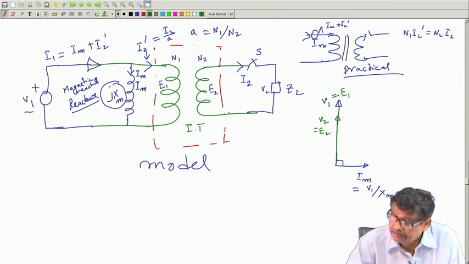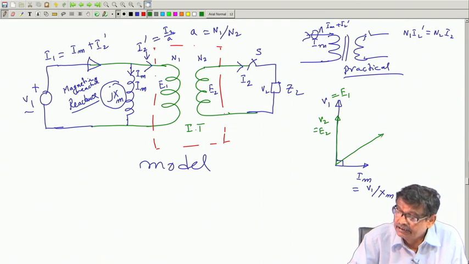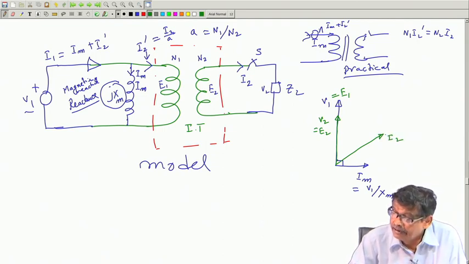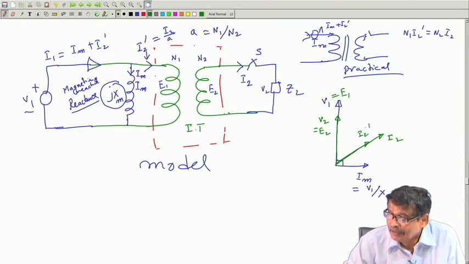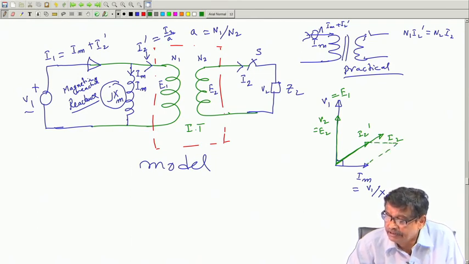Suppose the load power factor decides the current here I 2, then the current drawn from the primary will be I 2 dashed, and then this I 2 dashed plus this I m, if you add you will get primary current I 1.